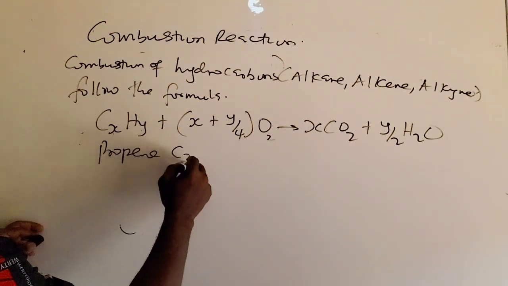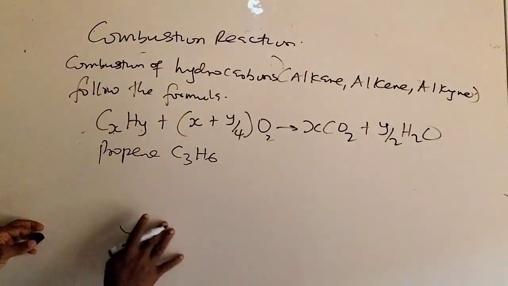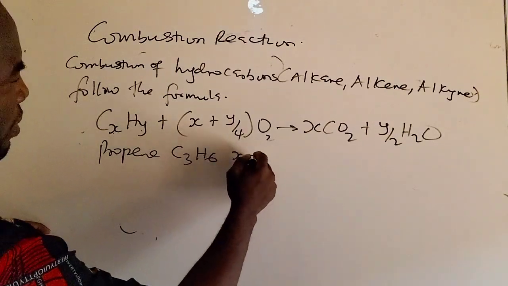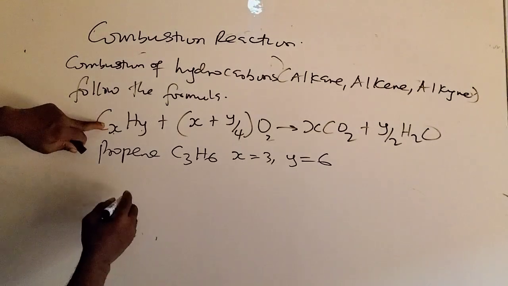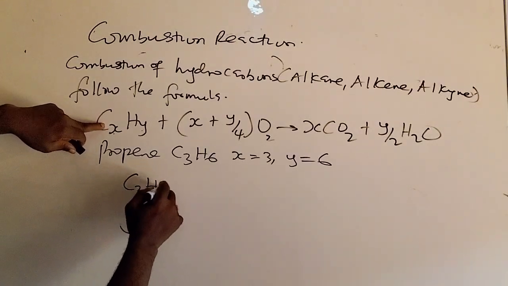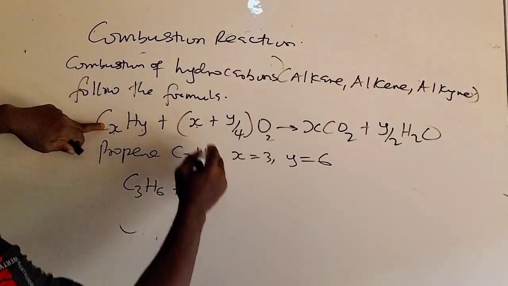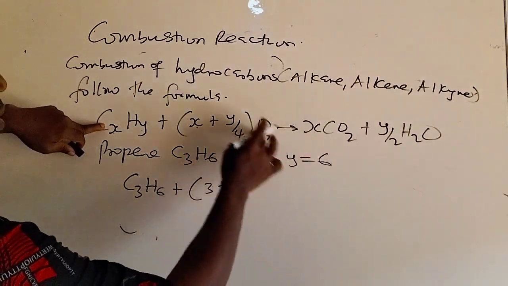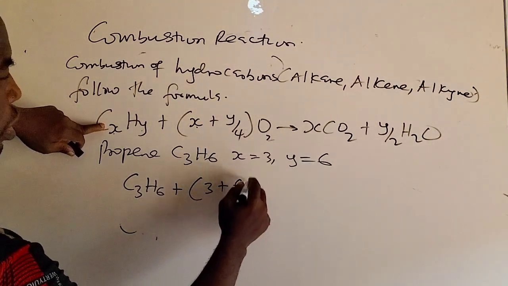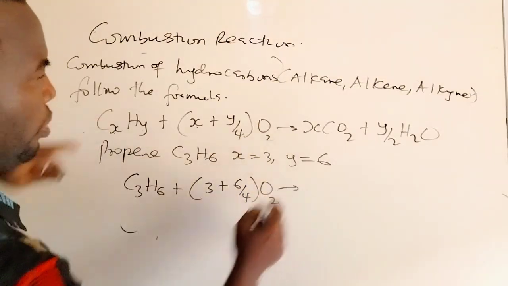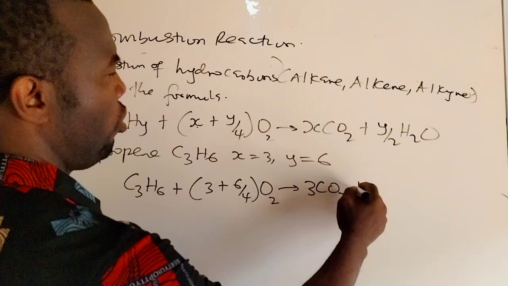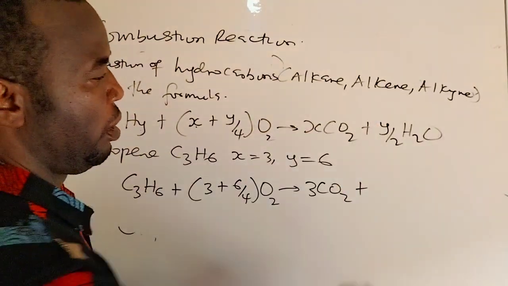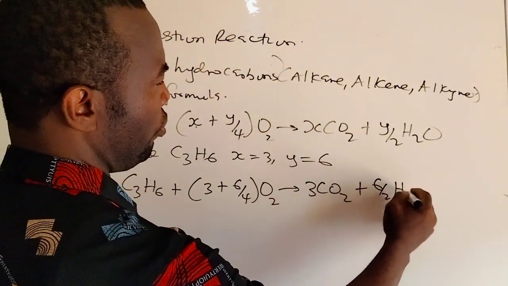Propene, which is C3H6. For propene, S is 3, Y is 6. I come here and substitute: C3H6 plus S, which is 3, plus Y over 4, which is 6 over 4, oxygen, giving us S being 3, CO2, plus Y over 2, which is 6 over 2, H2O.